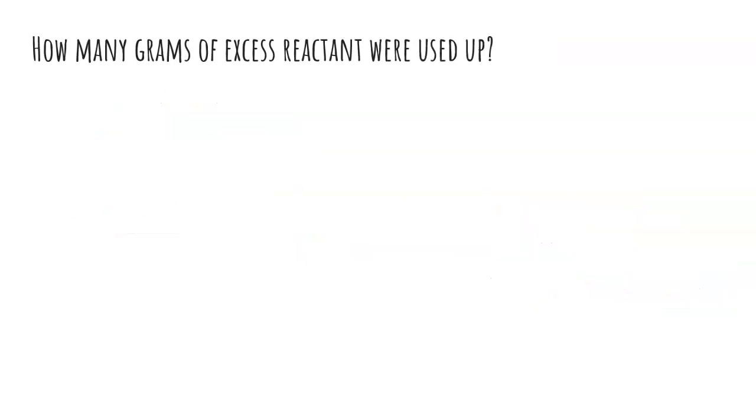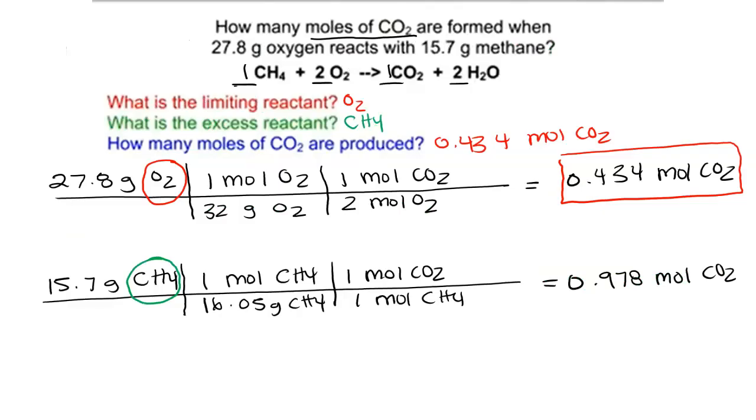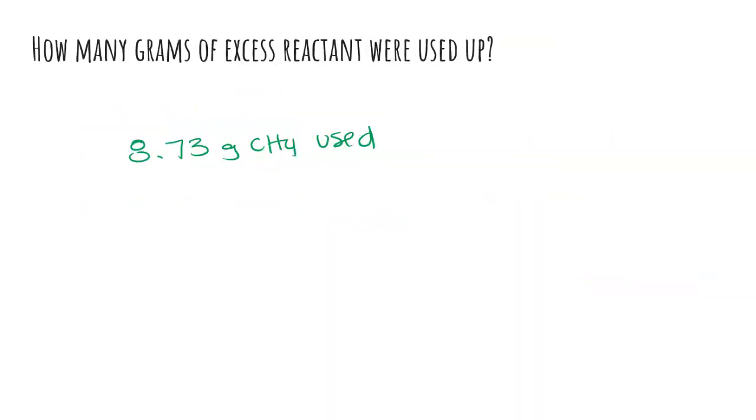Now, how much was used up? If we used 8.73 grams, we're going to look at the starting amount of CH4, which was 15.7 grams.